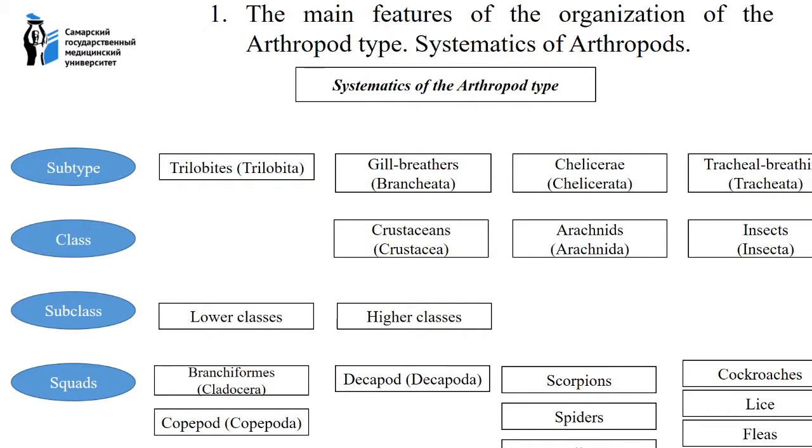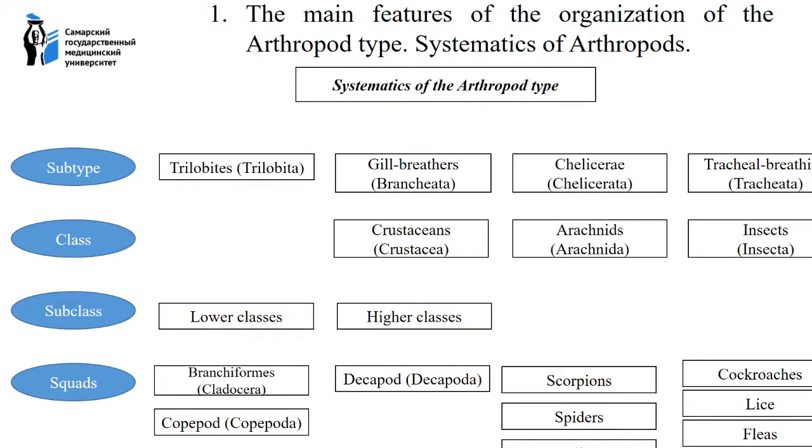Class crustaceans consists of lower classes and higher classes. Lower classes consist of branchiopods, in Latin Cladocera, and copepods, in Latin Copepoda. Higher classes consist of decapods, in Latin Decapoda.